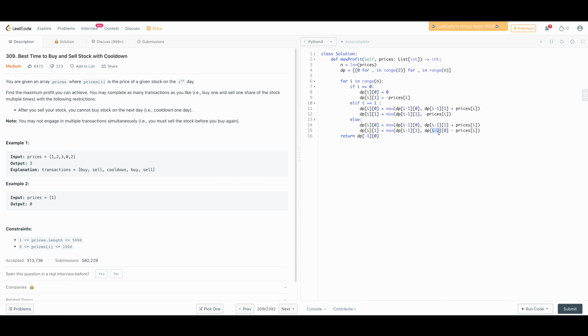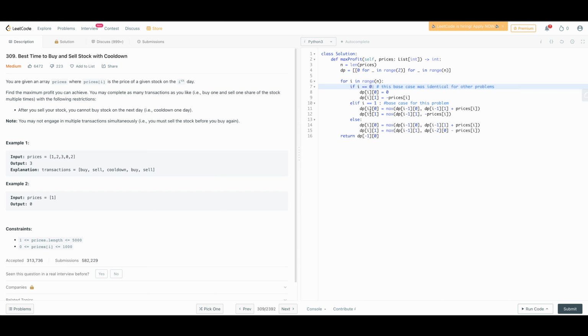Because we have I minus 2, we have to consider another base case here. So that's this one, the base case for this problem. This base case was identical for other problems.